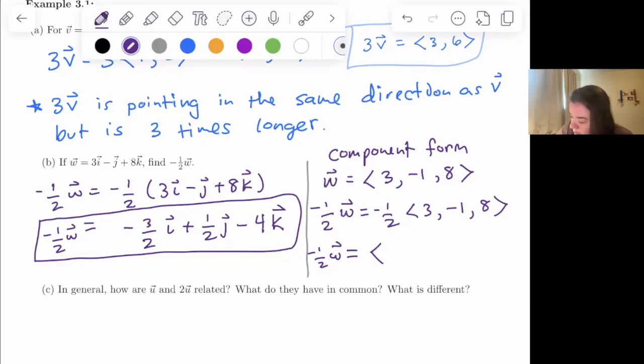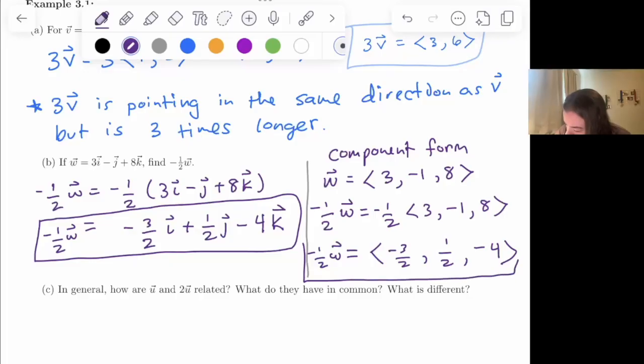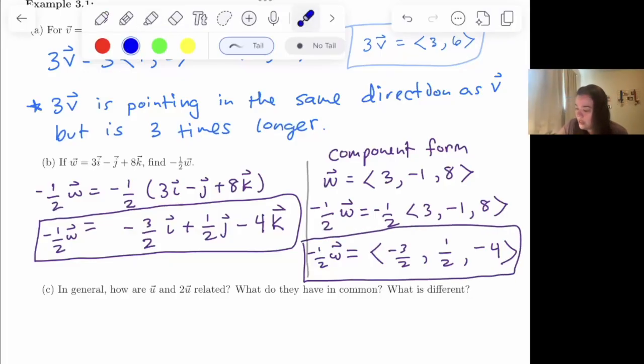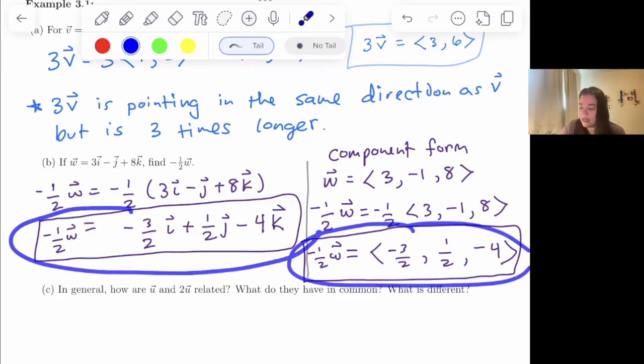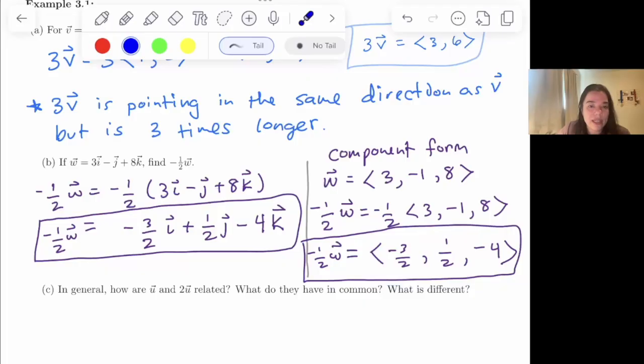This would result in -3 halves, 1/2, and -4. So you'll see at the end of the day, if I box this answer here, I'm going to grab my little laser pointer now, you'll see here that the final answer in component form is the same thing as the final answer in IJK form. Totally up to which you prefer and what you like to do.